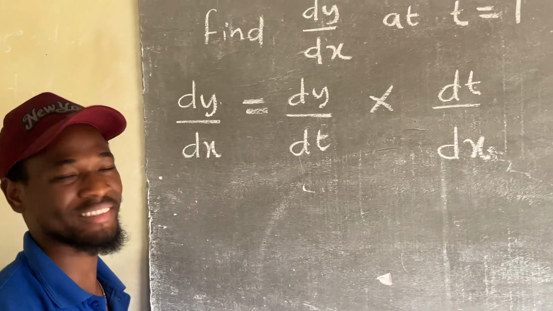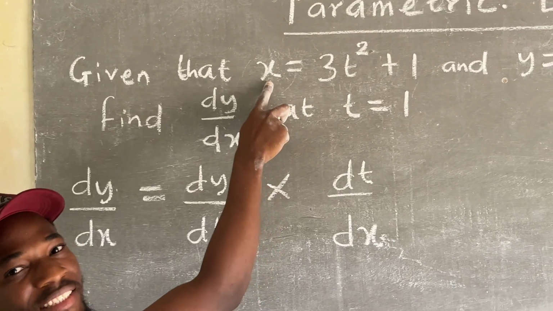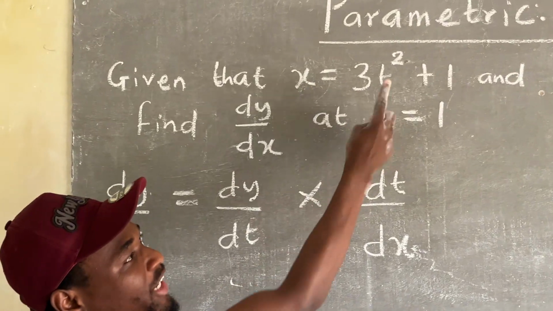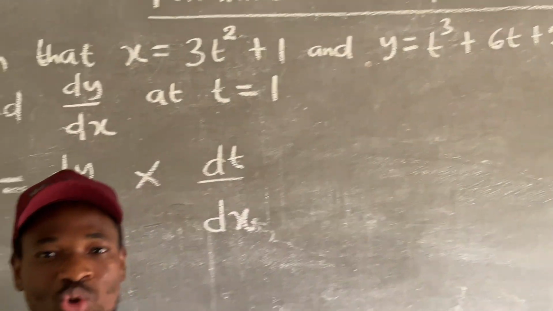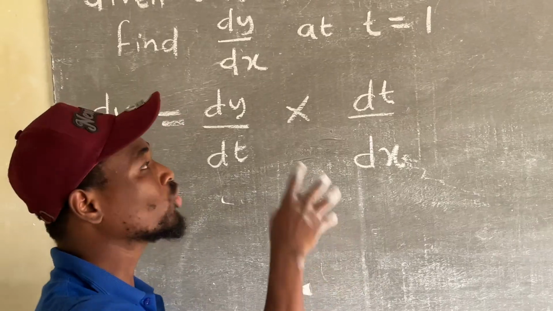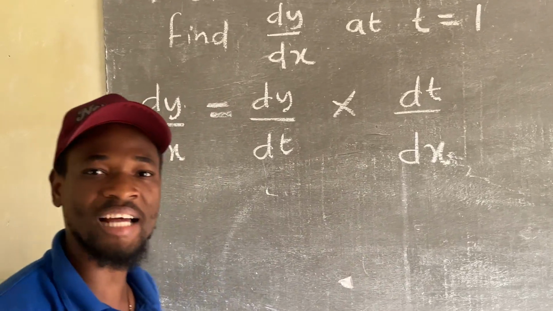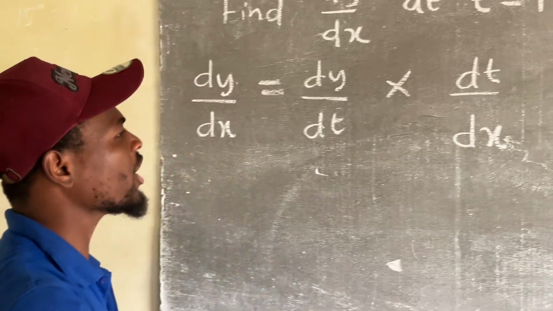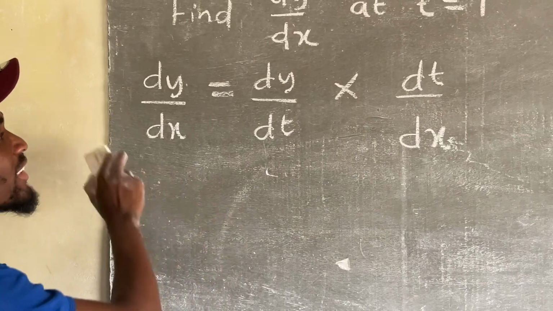I'm going to differentiate this x with respect to t, and differentiate this y with respect to t, so that I'll come and do substitutions over here. As simple as that. So let's start the differentiation. Permit me to erase this.